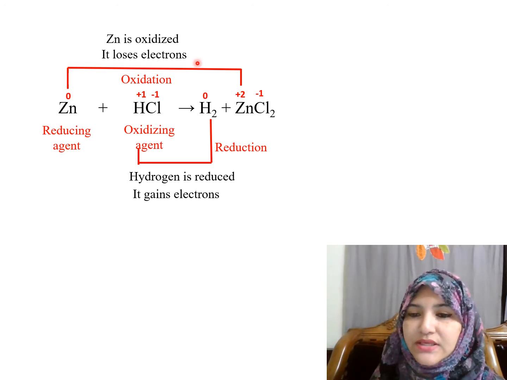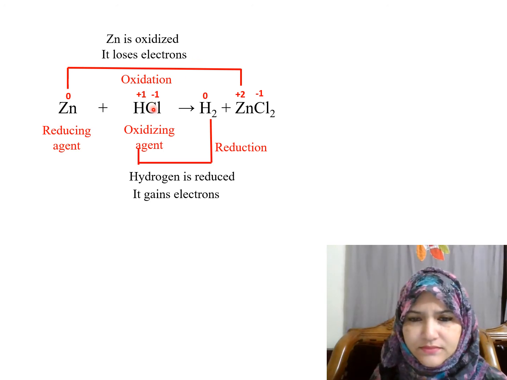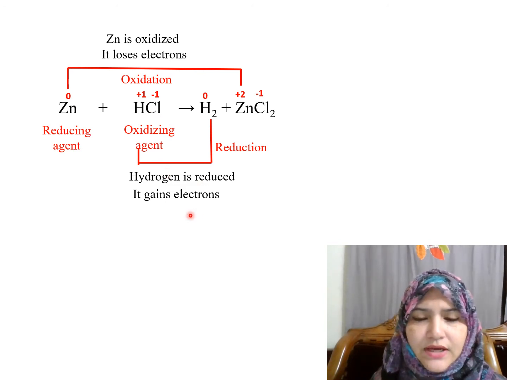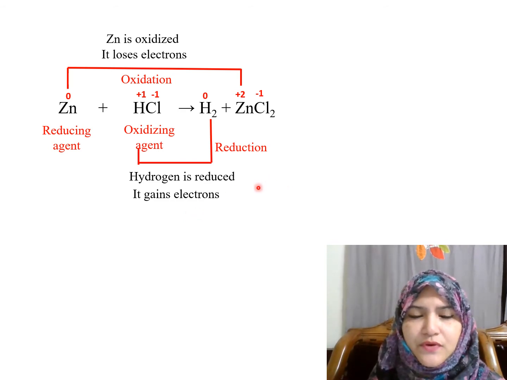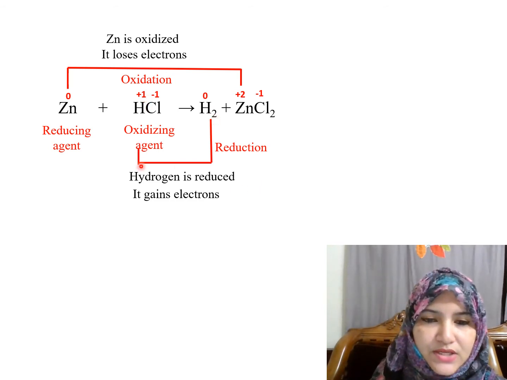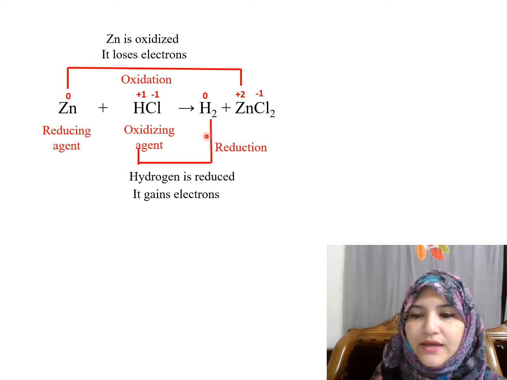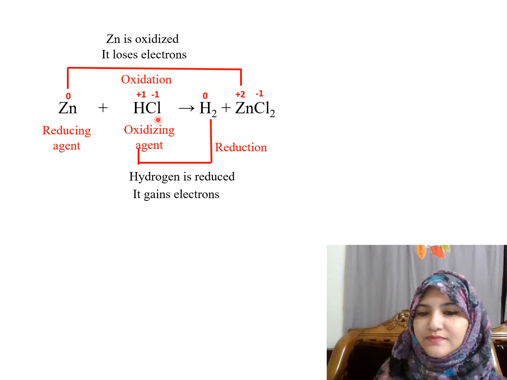For hydrogen, we consider its oxidation state, which changes from +1 to 0. Hydrogen is in elemental form on the product side. And so HCl as a substance is being reduced.